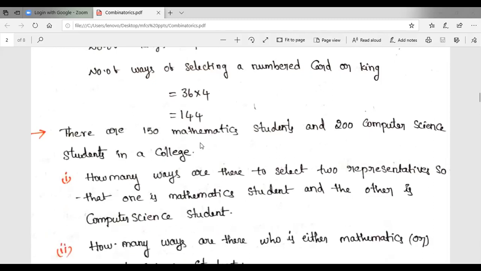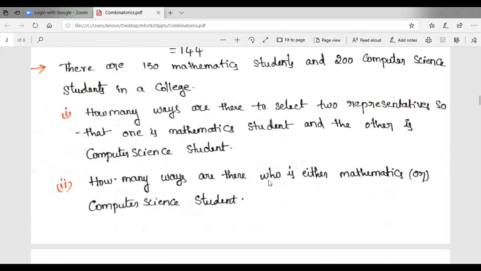Second question: how many ways are there to select one who is either a mathematics or computer science student? For the first question, we pick two representatives, one from mathematics and another from computer science.